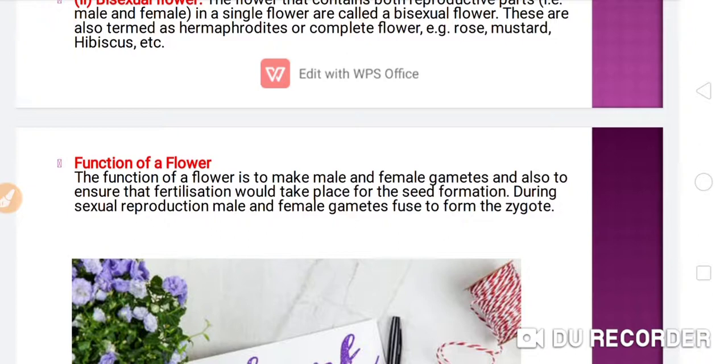So this is the function of a flower, meaning the whole reproductive process happens due to the flower. The male and female reproductive parts fuse together, convert into the zygote, and further development takes place. So these are all functions of the flower.